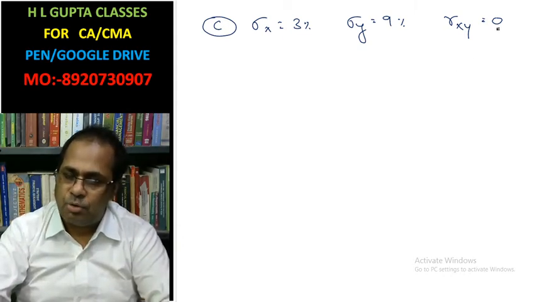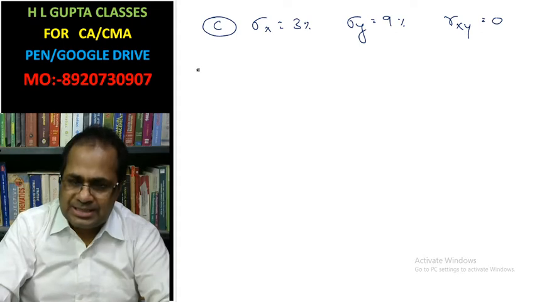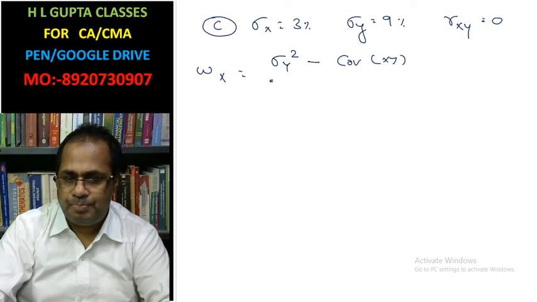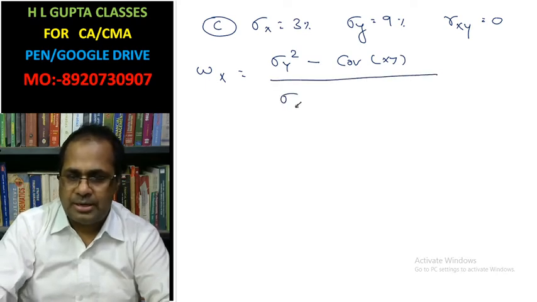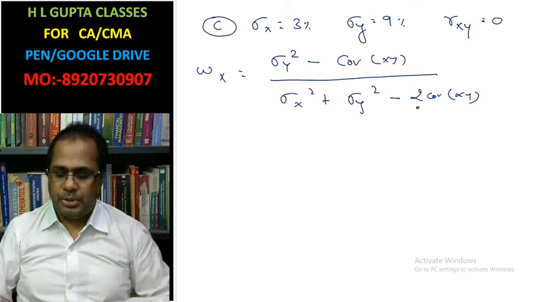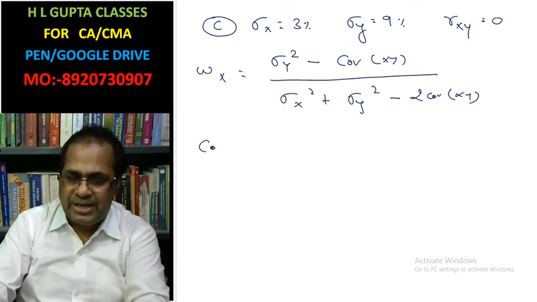This is other than perfect correlation. In this case, the formula we have to apply is weight x equals standard deviation y squared minus covariance xy, divided by standard deviation x squared plus y squared minus 2 covariance xy. What is the formula for covariance xy?